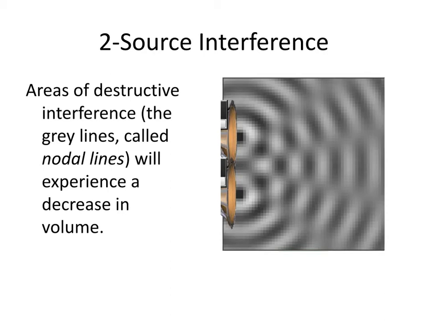Or if you want to call them nodal volumes, and that's why volume is kind of confusing. Nodal volumes means a 3-dimensional nodal space. So again, I'm going to call that intensity, not volume. So those are those nodal areas, nodal spaces where the sound is quiet.